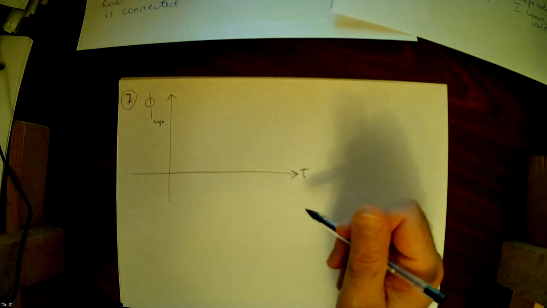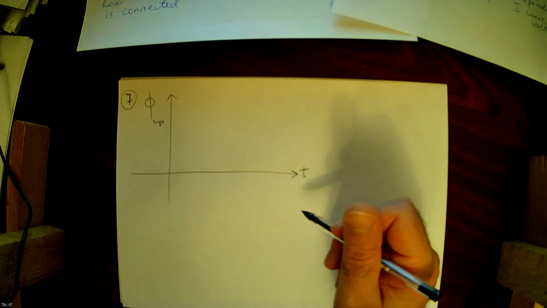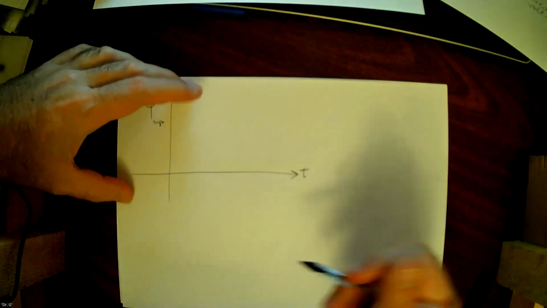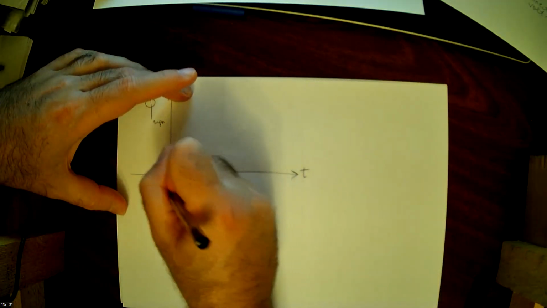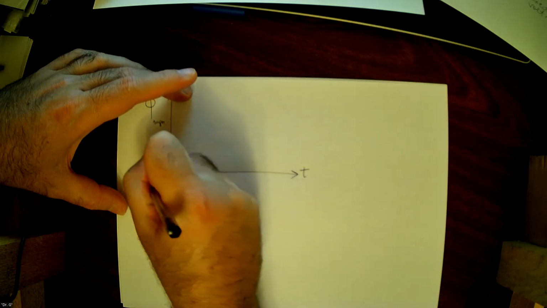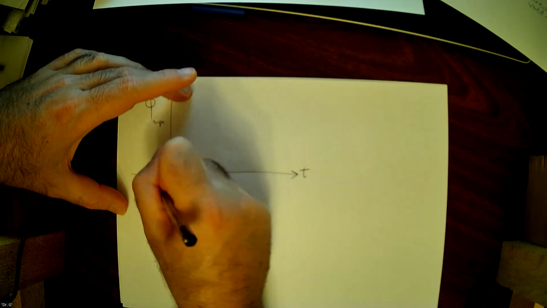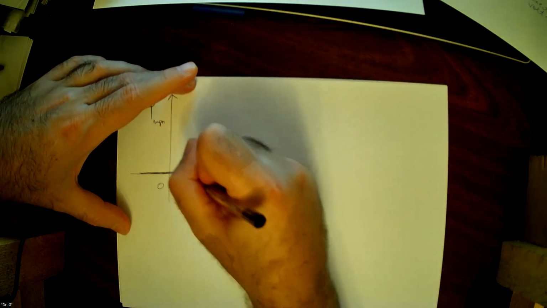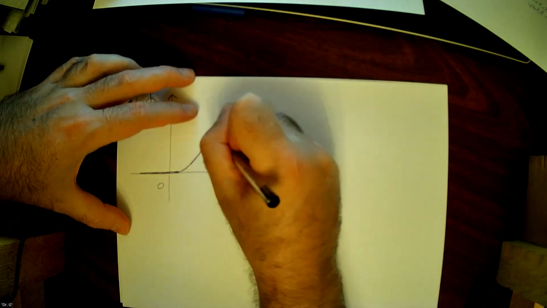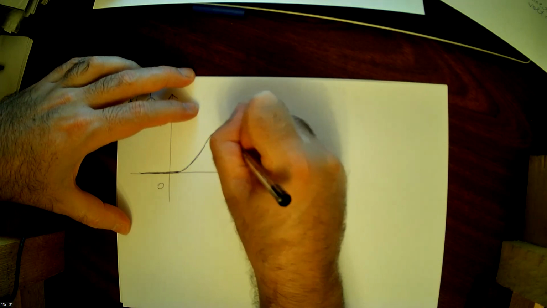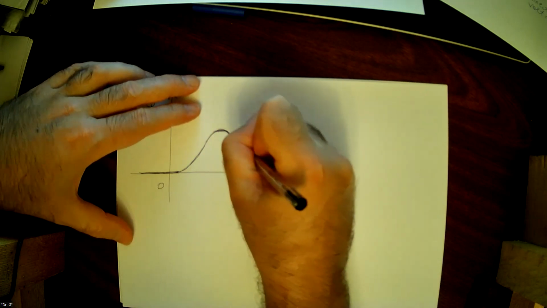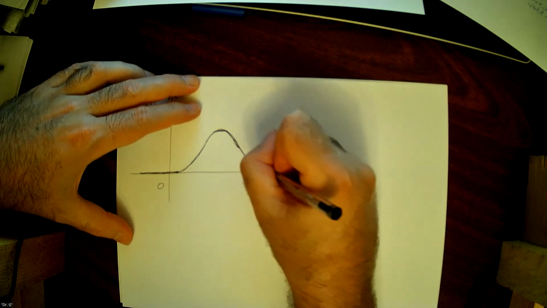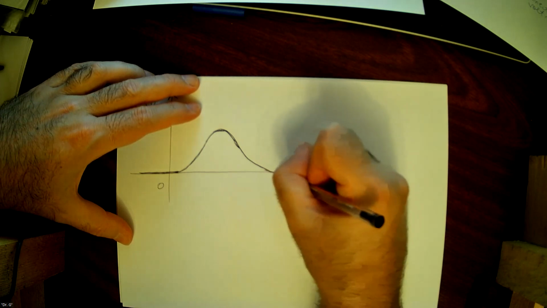Okay. That was proportional to the magnetic field. So 0, and then goes up, reaches a maximum and decreases to 0 when the magnet is very, very far away.